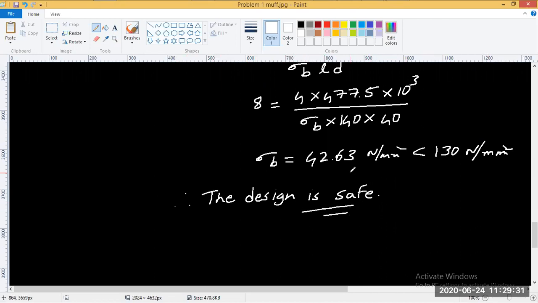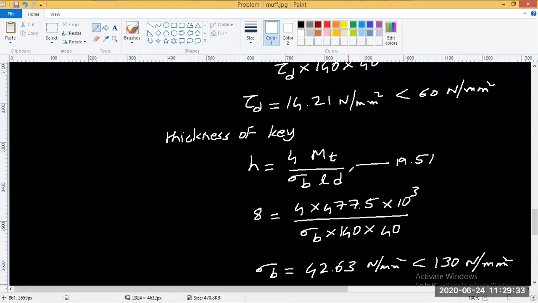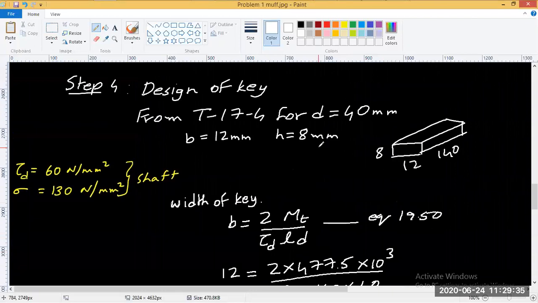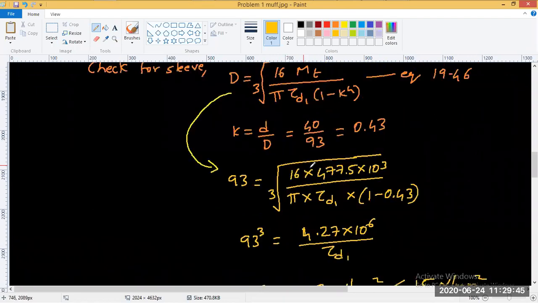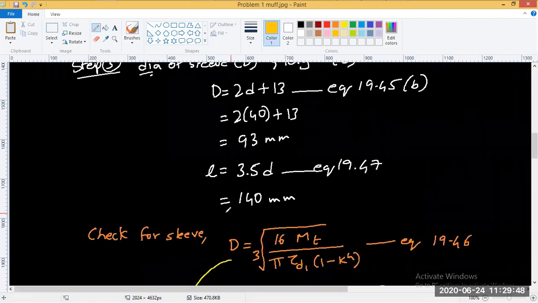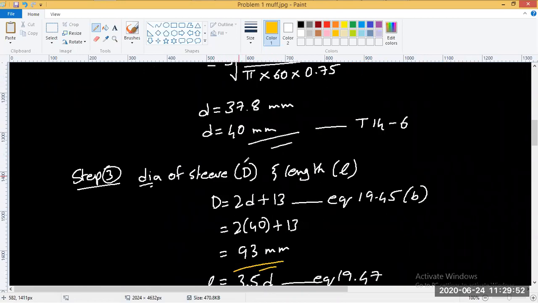So whatever dimensions we have taken according to the data handbook are correct. So these dimensions hold good. That's how you are designing. These dimensions take the stresses or torque, whatever is supplied to the system. So now we are ready for the CAD design.